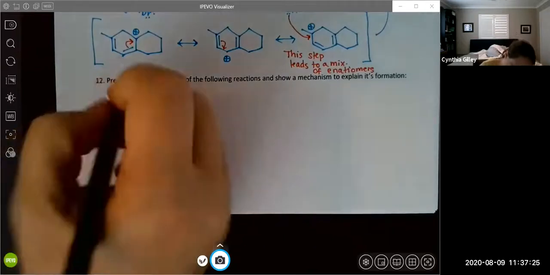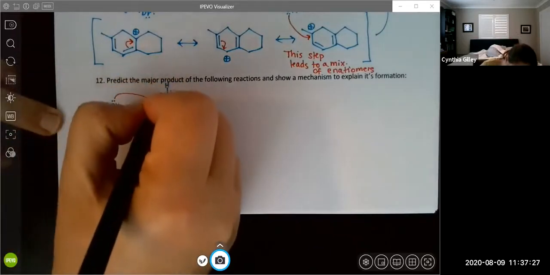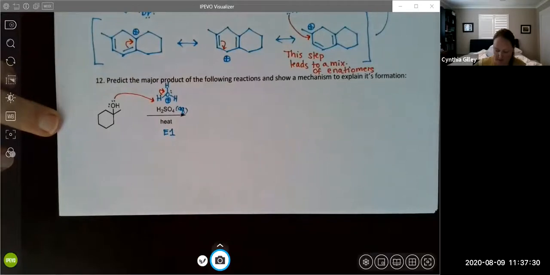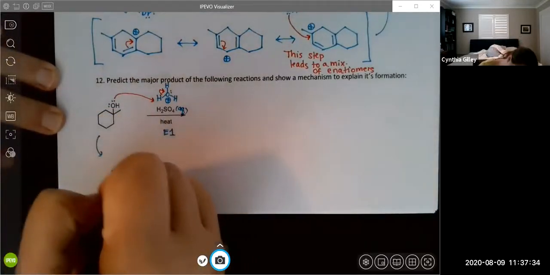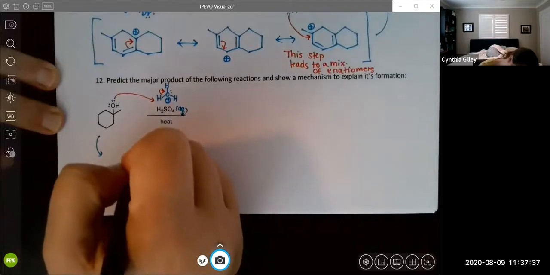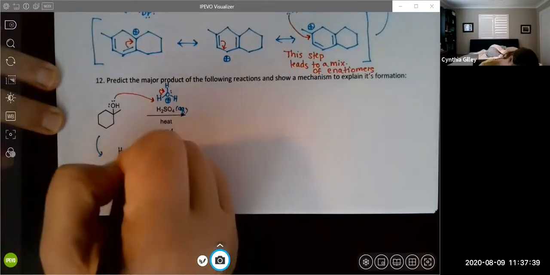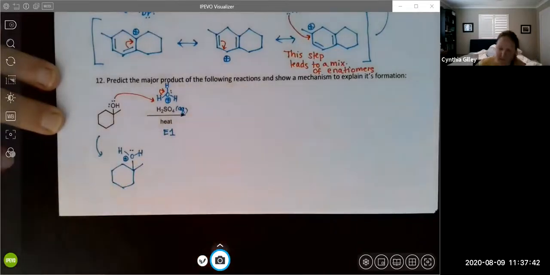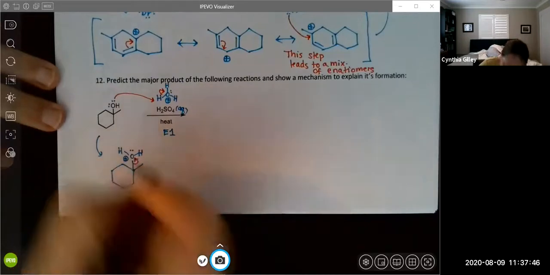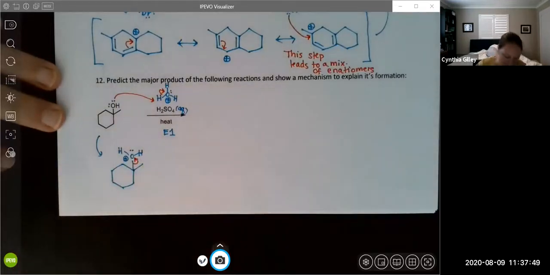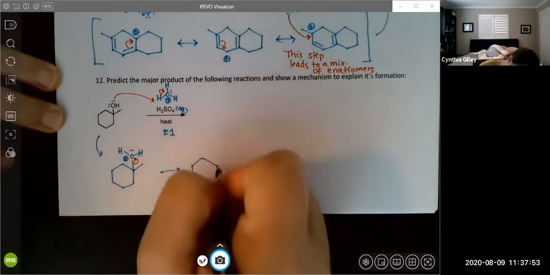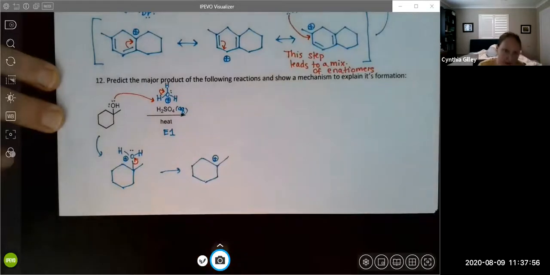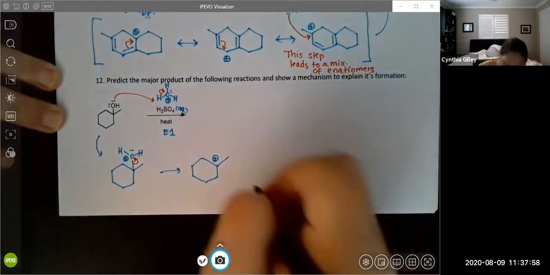So we need to pick up a proton to form a good leaving group. Now this is a good leaving group because once it leaves, it becomes water. So we can do loss of a leaving group. That gives us a nice and stable tertiary carbocation and water.